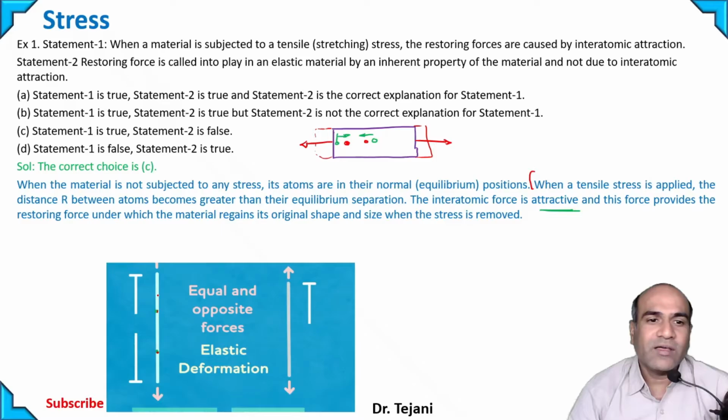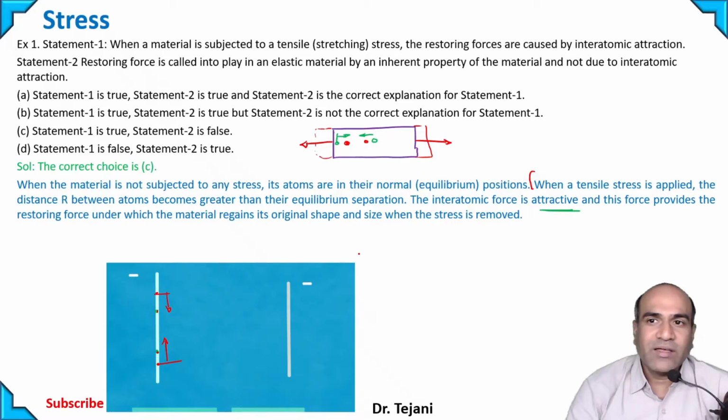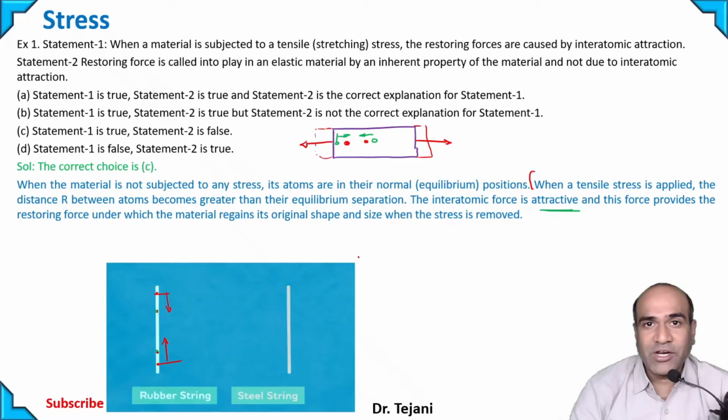When there is an increase, the molecule may reach another level, and it tries to return to its original equilibrium position, right? And therefore it has interatomic or intermolecular attraction, right?